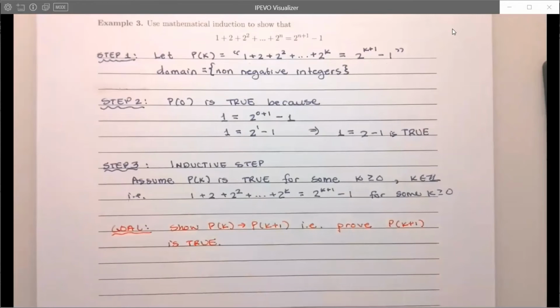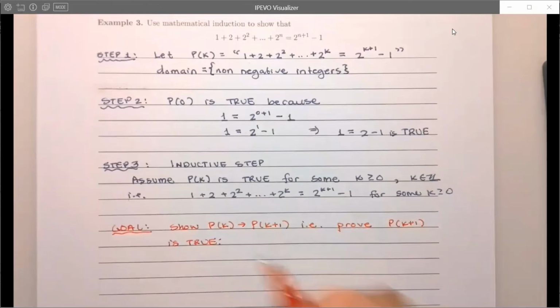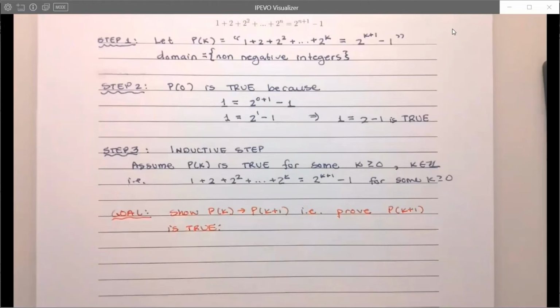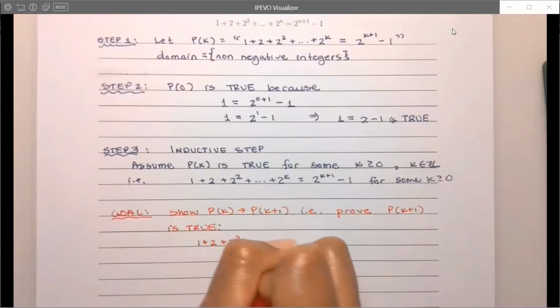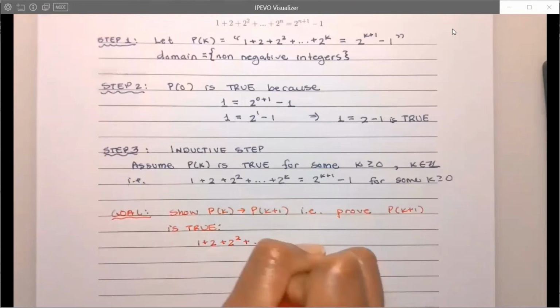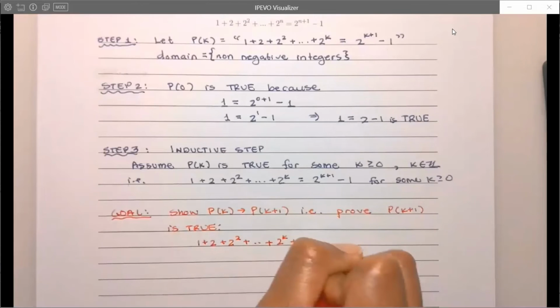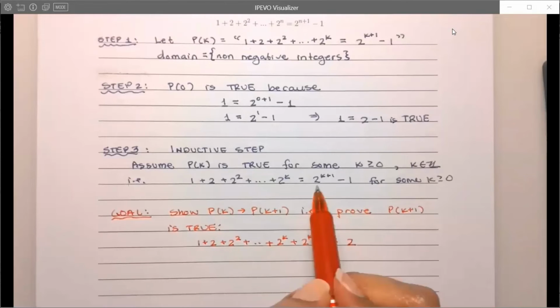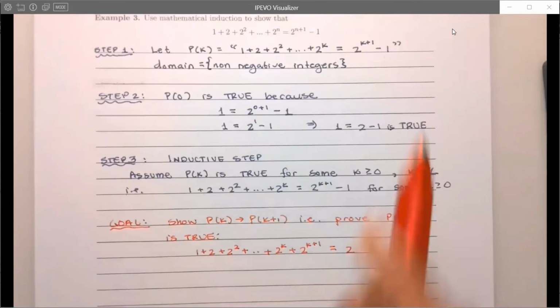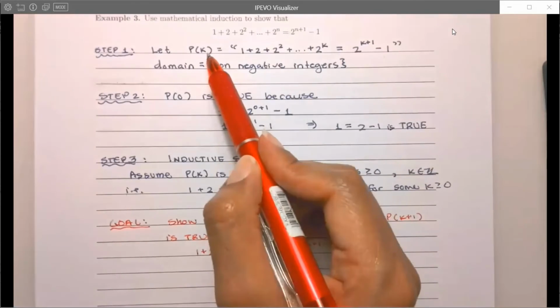Now to prove P of k plus 1 is true, we need to know what P of k plus 1 looks like. That would be the statement that 1 plus 2 plus 2 squared plus all the way down to 2 to the k plus 2 to the k plus 1 is equal to 2 to the k plus 2 minus 1. Remember, in the original statement, we're replacing k with k plus 1.